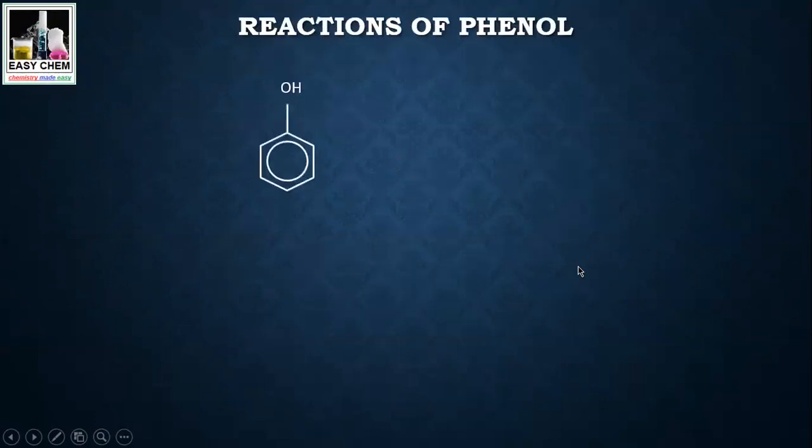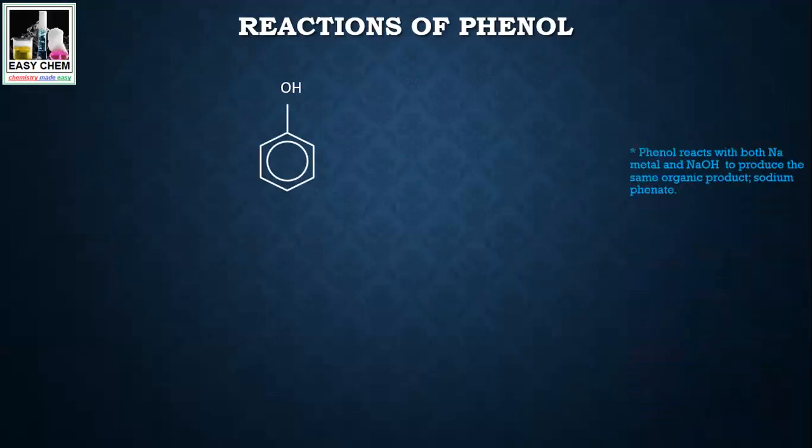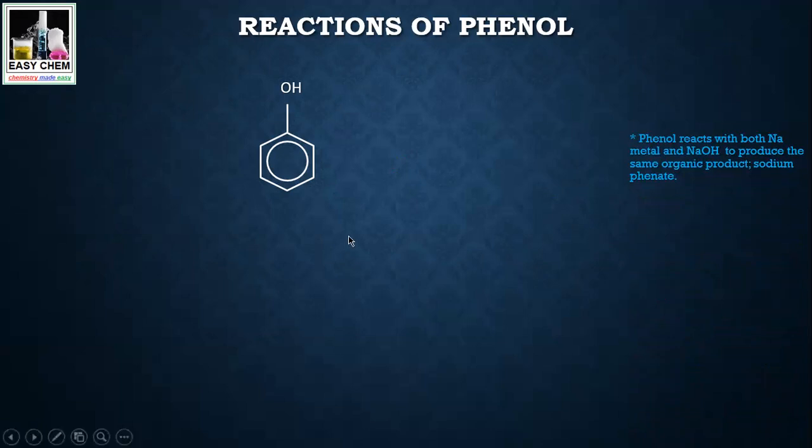Having this in mind, we can discuss some reactions of phenol. In the very first reaction, I have the phenol molecule on the screen. Actually, there are two reactions I'm going to discuss together. Phenol molecules are acidic. It's not a very good acid, but it is slightly acidic. You can't find out easily if it's an acid, but still it is acidic.